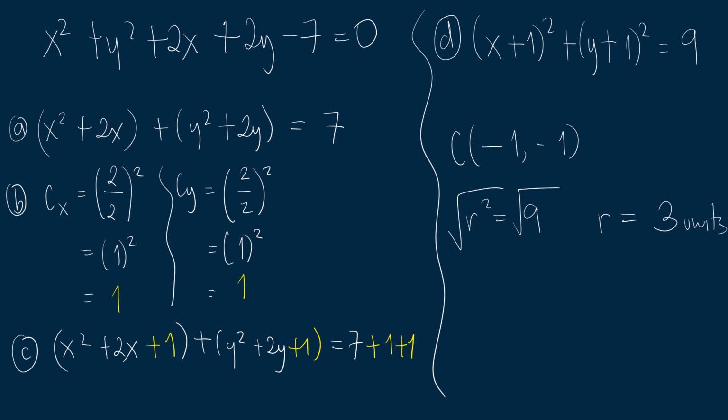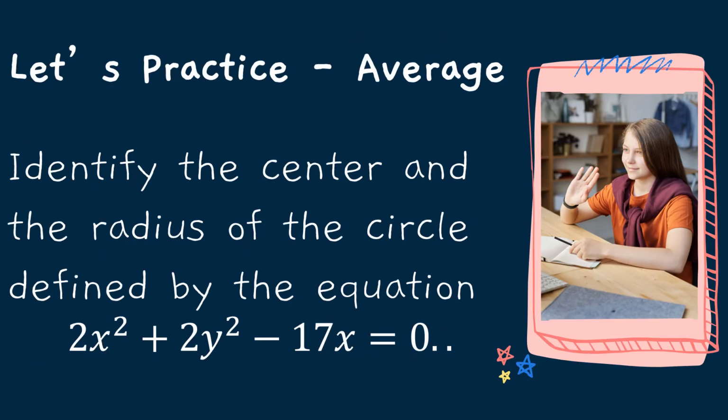Continuing to example number 3. For example number 3, we have to identify the radius of the circle defined by the equation 2x squared plus 2y squared minus 17x is equal to 0. This time, as you can see on the given equation, there is a constant in front of the x squared and y squared variable.